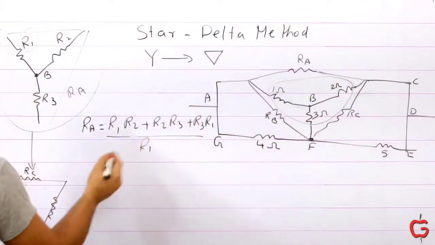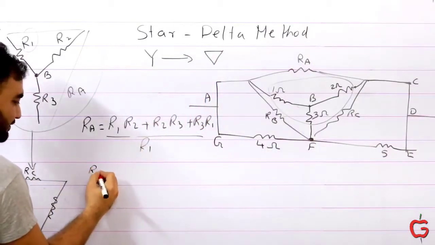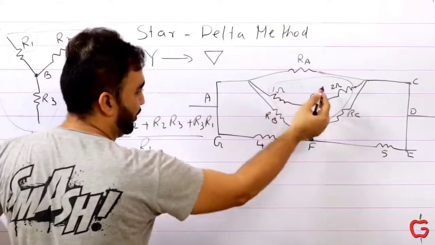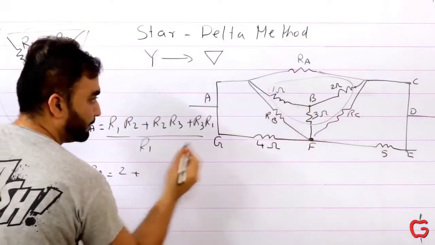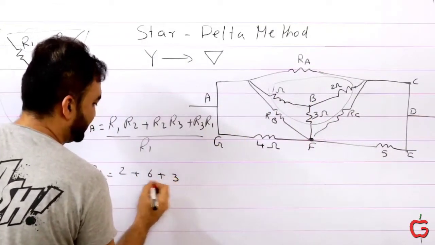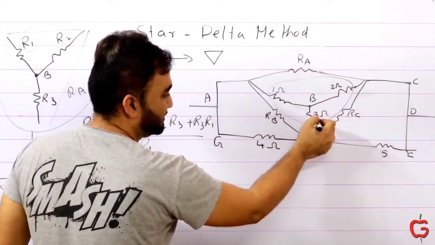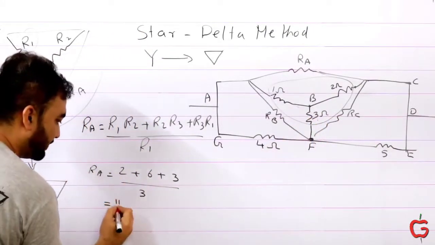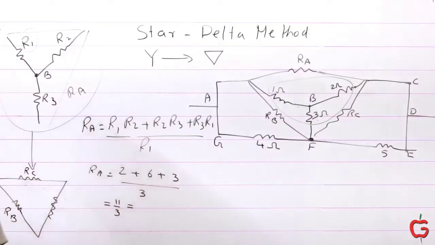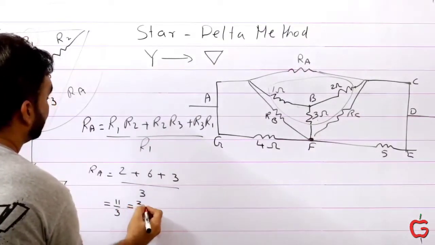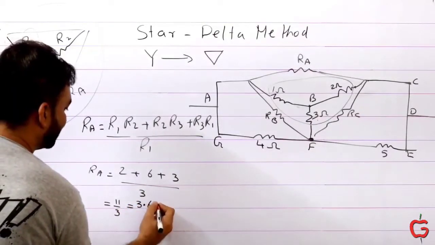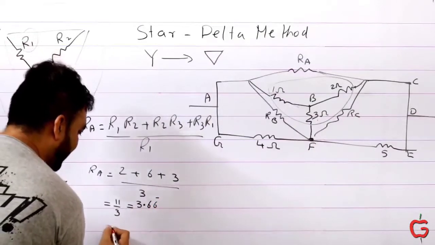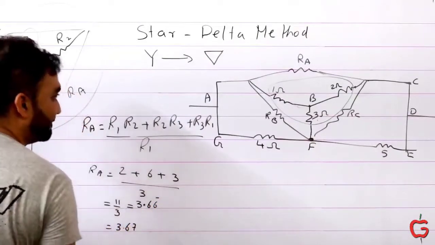According to the formula, RA becomes the product sum 2 plus 6 plus 3, which is 11. The opposite resistance to RA is 3. So this becomes 11 by 3, which is 3.67, with the 6 recurring.